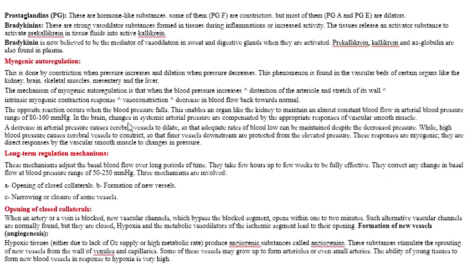The opposite reaction occurs when the blood pressure falls. This enables an organ like the kidney to maintain almost constant blood flow, and in the brain the blood pressure range should be between 80 and 160 millimeters. So changes in systemic arterial pressure can be compensated by the appropriate response of vascular smooth muscle.